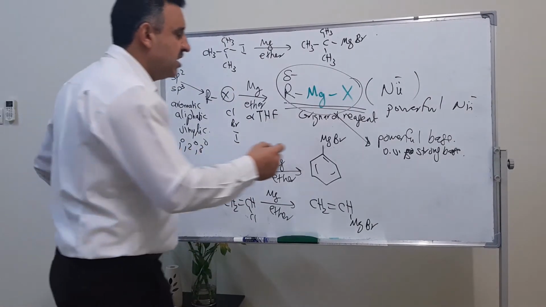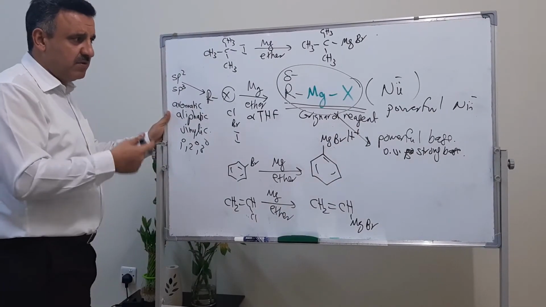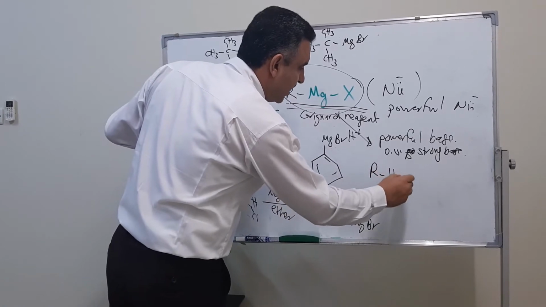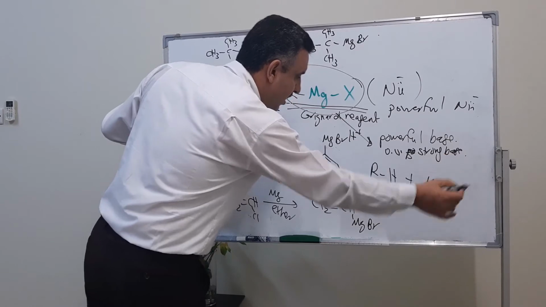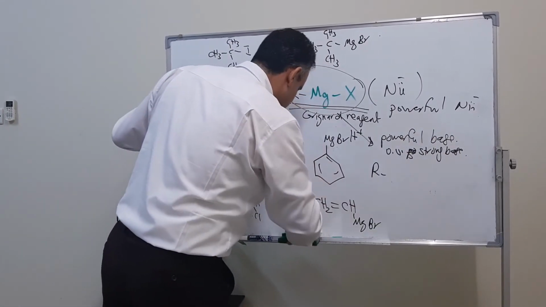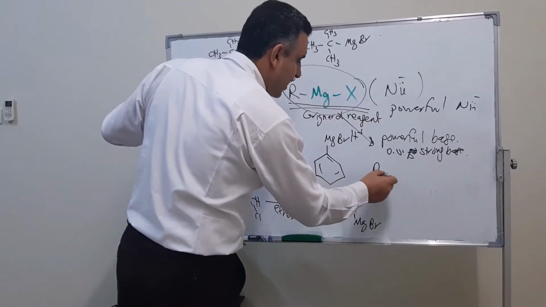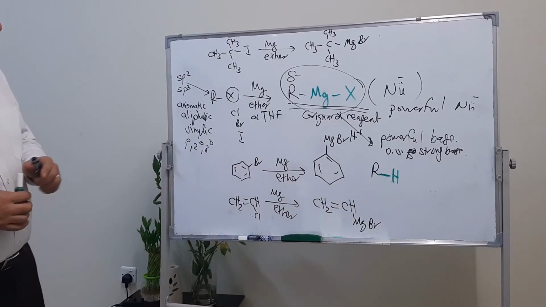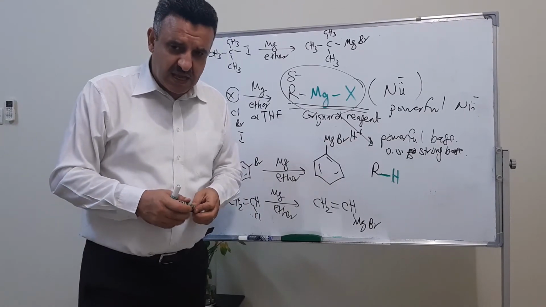In other words, if we have H plus, wherever this H plus is coming from, as I will explain to you, we are going to get RH plus magnesium oxides or hydroxide and so on. Anyway, what's important here is that we can decompose this Grignard reagent by reacting with acidic hydrogens.